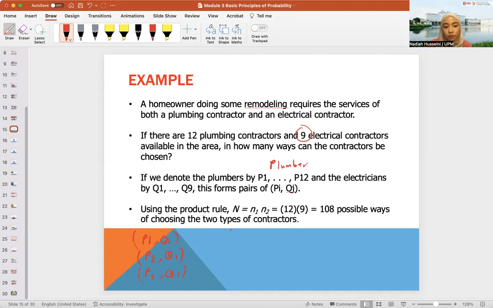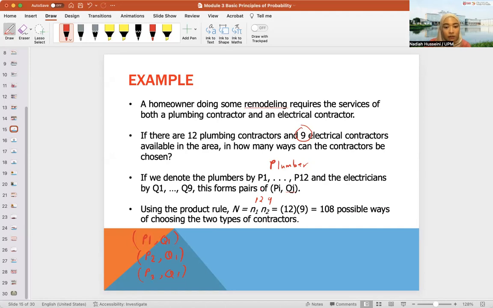We use the product rule. If there are 12 ways to select the plumber and 9 ways to select the electrical contractor, that would be 12 times 9, and N is equal to 108 possible ways of choosing the 2 types of contractors.